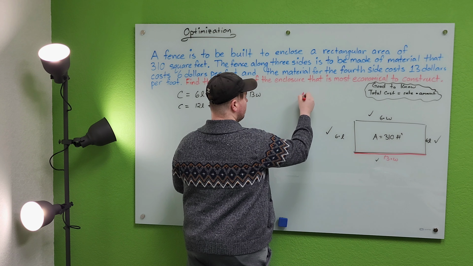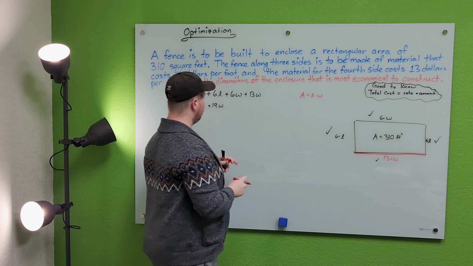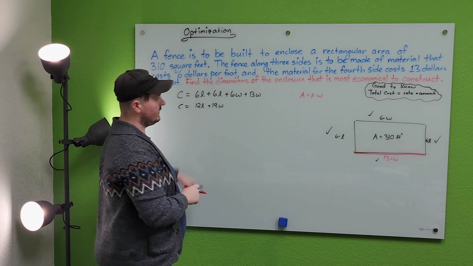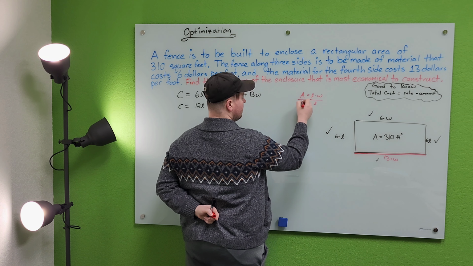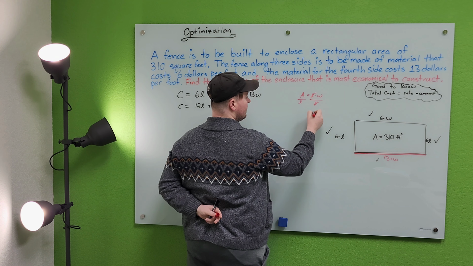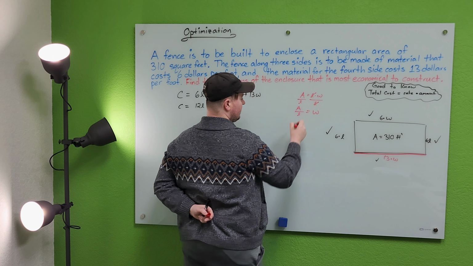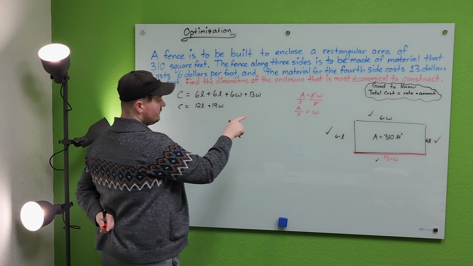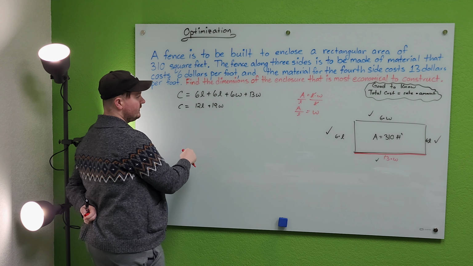We know that area is equal to length times width. If we want to eliminate the width from this formula, we need to solve for width. We can divide both sides by length, and we find the width is area divided by length. Now we can substitute that into this formula to get rid of the width.